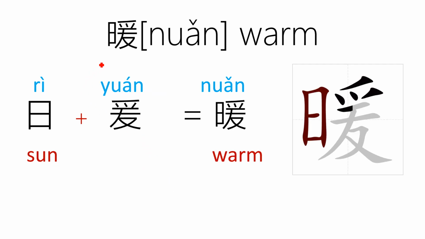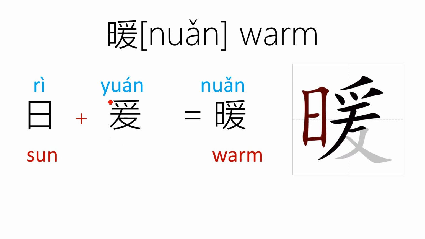Next one, 暖 means warm. The first part, we have sun again, indicates the meaning. The second part, second character we say 元. This character is quite rare to use, so I have never used this before, but it can be part of other characters like 暖.